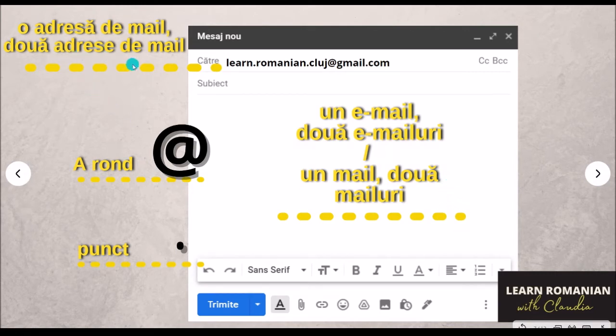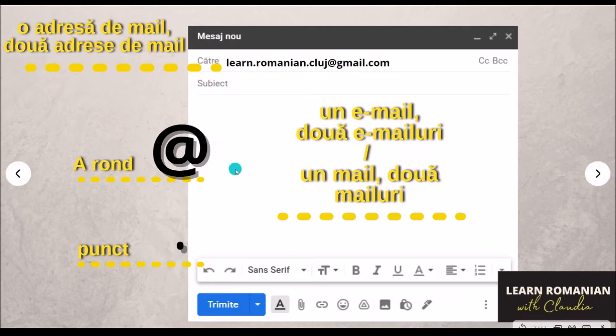O adresă de mail, an email address, două adrese de mail. Now, of course, you could also say o adresă de email, but it's a bit long and it sounds overly formal. So, you could just say o adresă de mail, două adrese de mail.